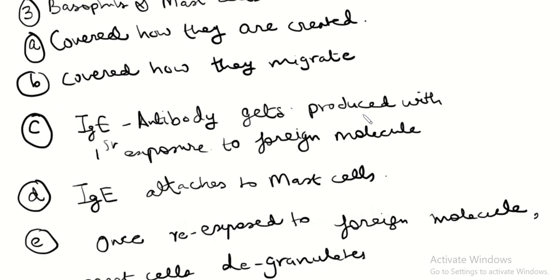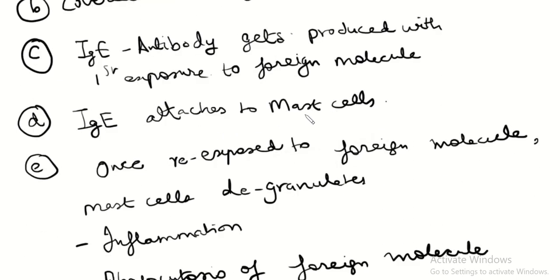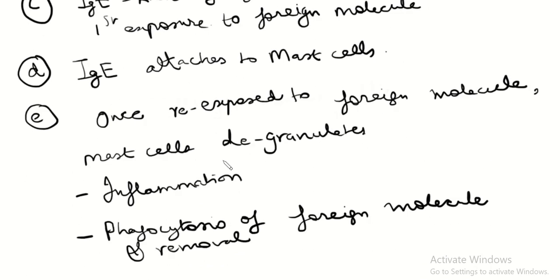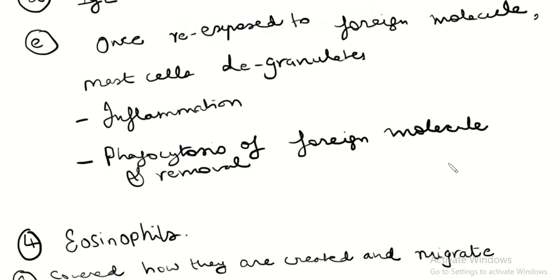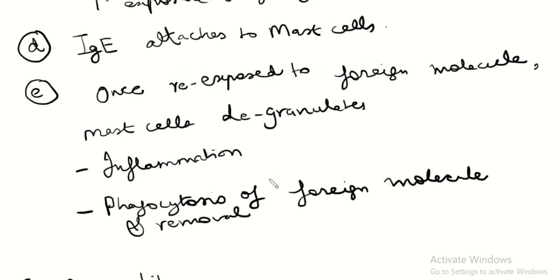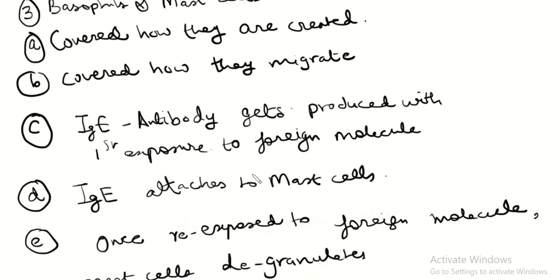The big way that they act is the antibody system, where IgE antibodies get produced with first exposure to the foreign molecule, and then IgE attaches to the mast cell, and once re-exposed, mast cells degranulate, causing inflammation. Okay, and then phagocytosis of the foreign material and its removal. Okay, so that's how basophils and mast cells act. So the big thing is again their role with histamine release and foreign molecules and allergy.